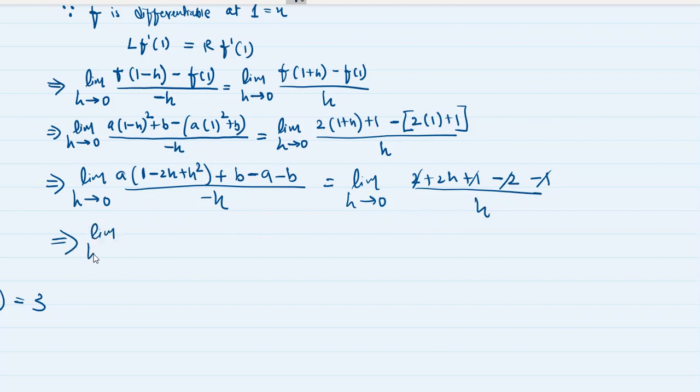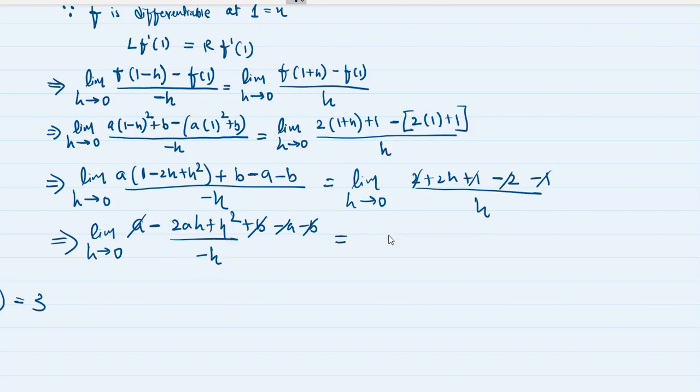So what does this become? Limit when h tends to 0 of a minus 2ah plus h² plus b minus a minus b. The a and b get cancelled, and here is minus h.